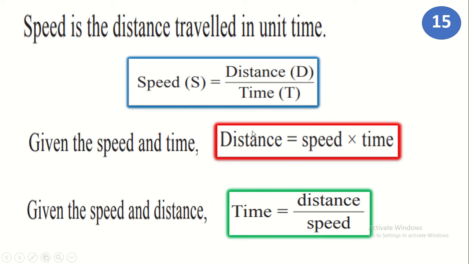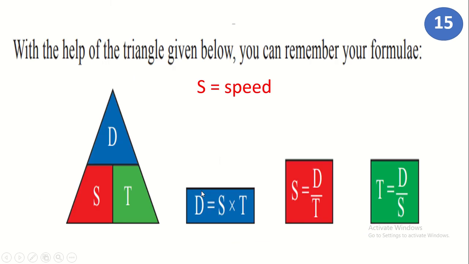The color blue, red, and green. Students, or you can say like this: we can use the help of the triangle given below. You can remember your formula. It's easy. You make a triangle.